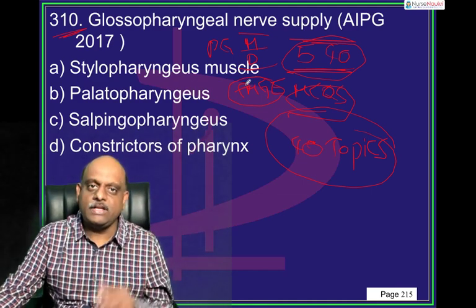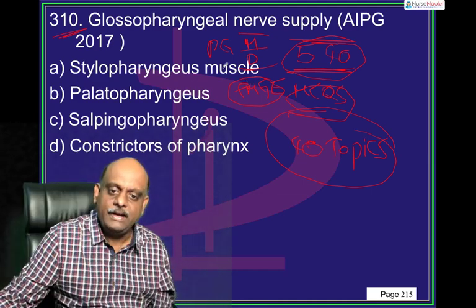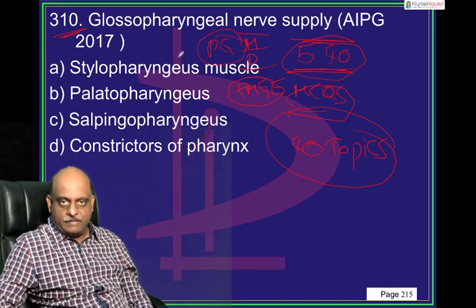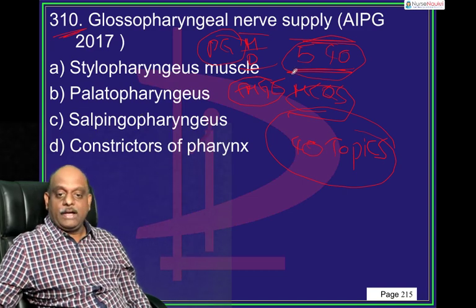There are about 10 subjects which are common for both, right? And especially basic sciences, question banks are more or less similar, right?